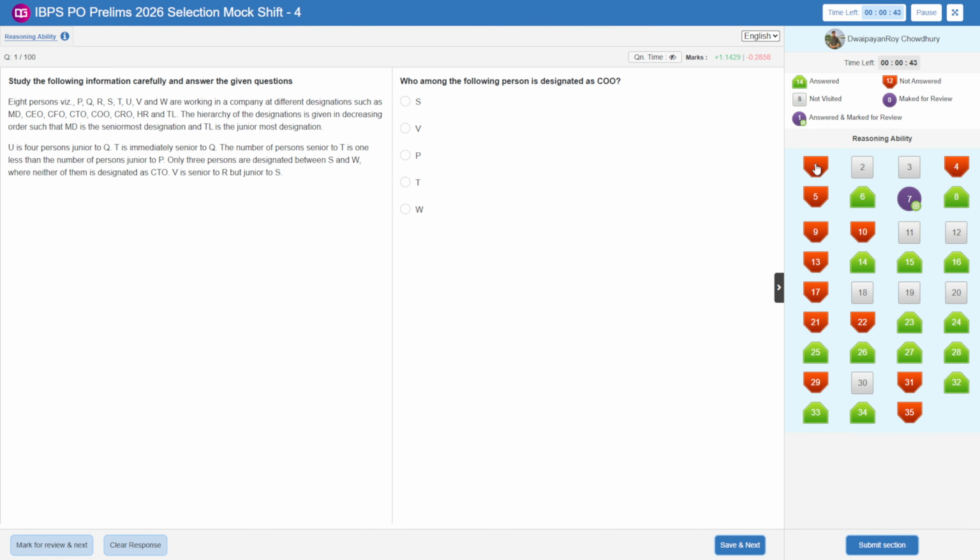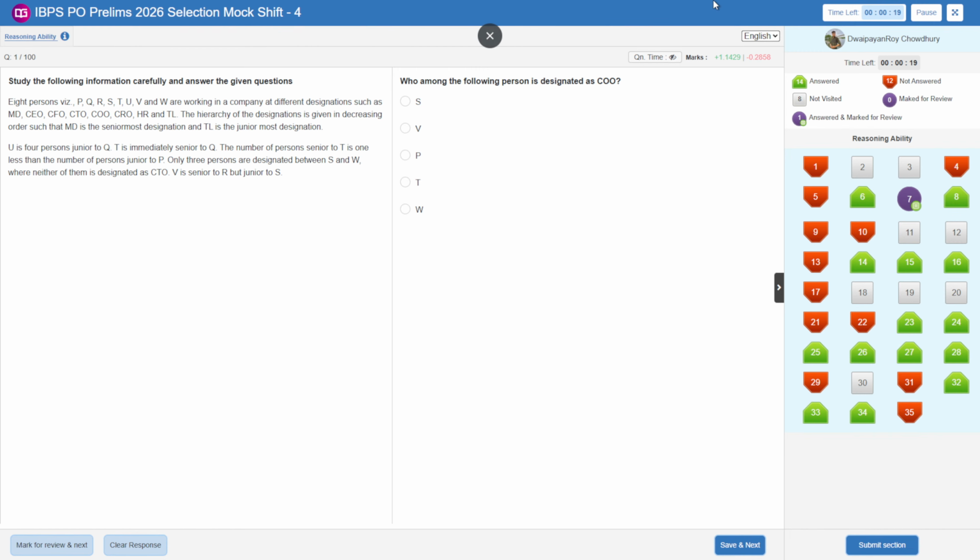But junior to S. V is senior to R, but junior to S. So V and R and S here.